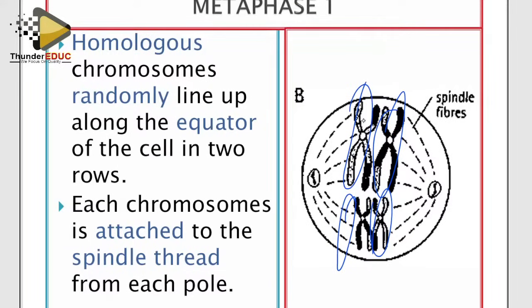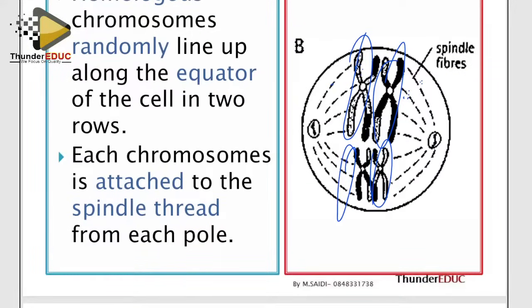We don't know whether this chromosome is going to be here or there, or whether this one is going to be on this side. And the moment they swap, those are different chromosomes. Is it clear? So they align along the equator in homologous pairs.